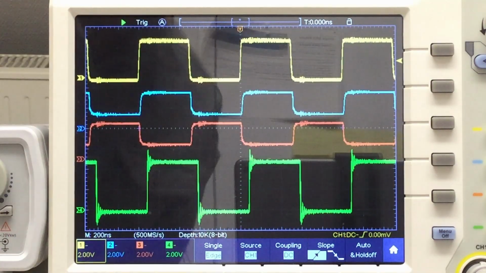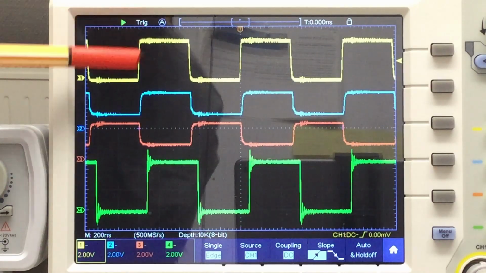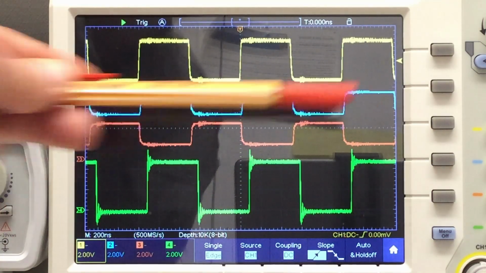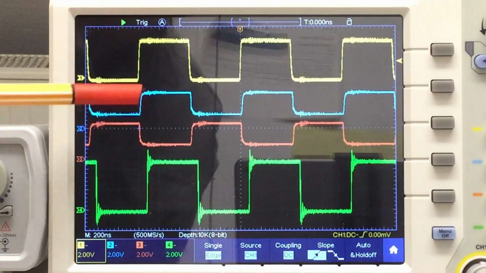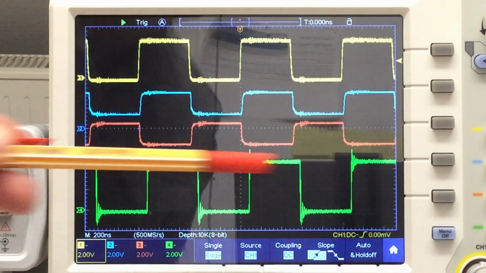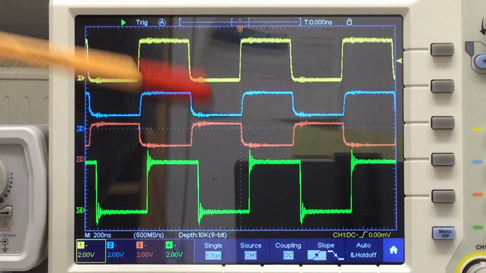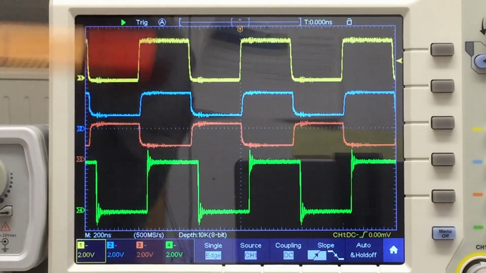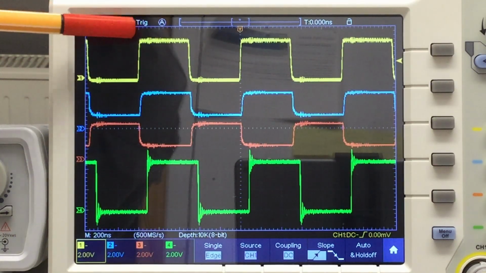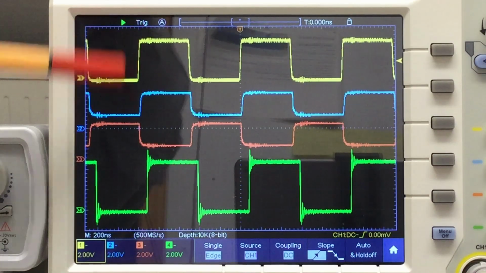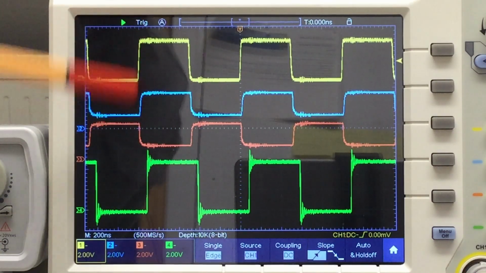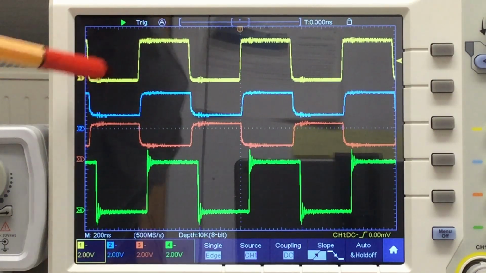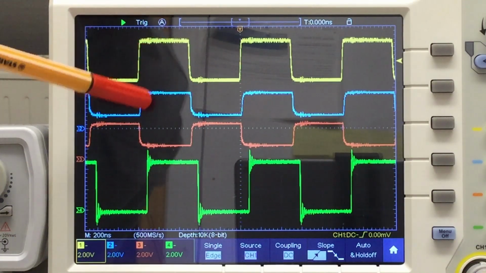Two remarks here. First, we have a slight delay between the input signal and the differential signal, respectively the differential signal and the output signal. I'm currently measuring the differential signal directly at the transmitter side. So the delay between the input and the differential signal is caused by our little transmitter chip. That's all chip internal delay.